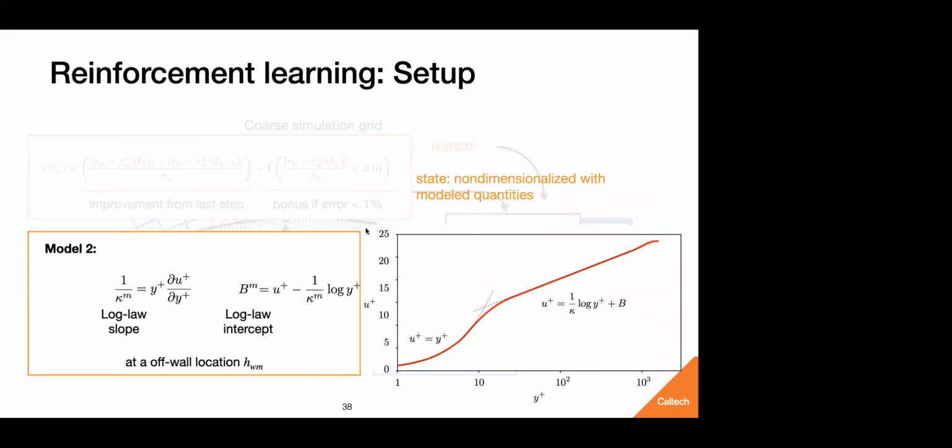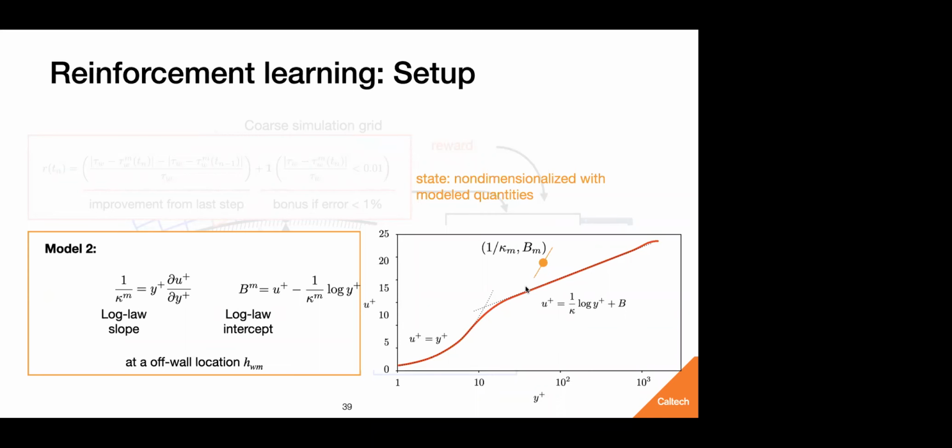So we look at this expression, we try to extract this 1 over kappa and b coefficients from just the instantaneous velocity data. And obviously instantaneously you would have a velocity and a velocity slope. And based on that, we tried to calculate this instantaneous equivalent of the coefficients to see if we can do something with that.